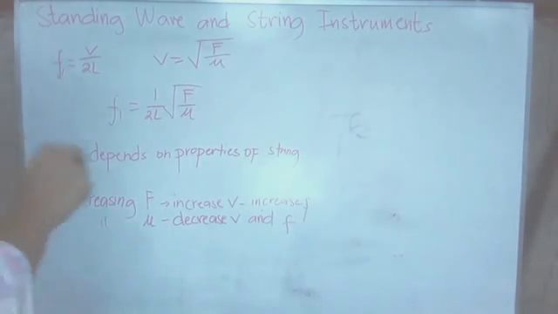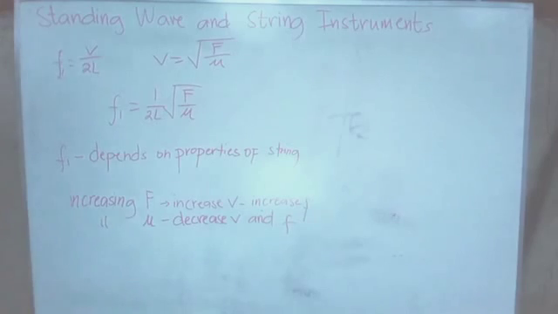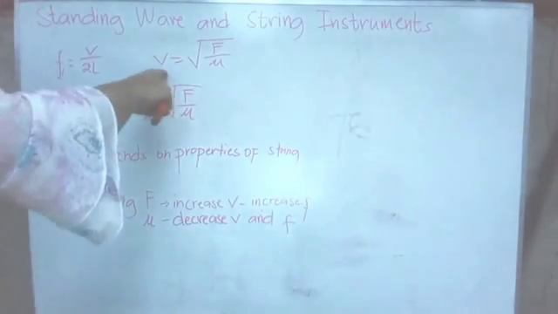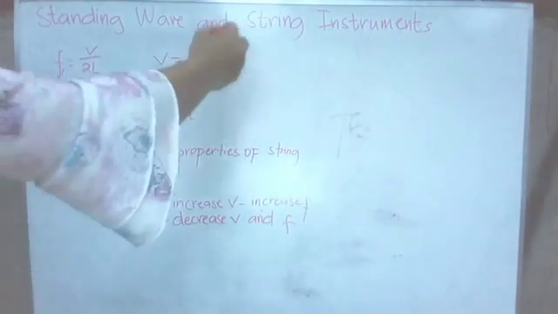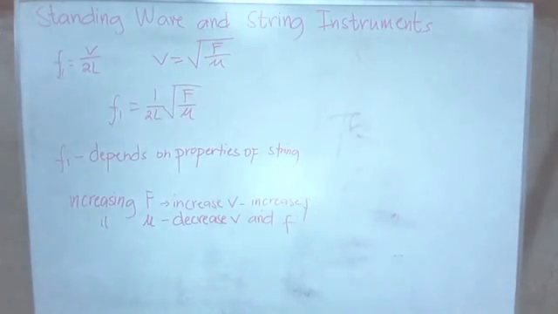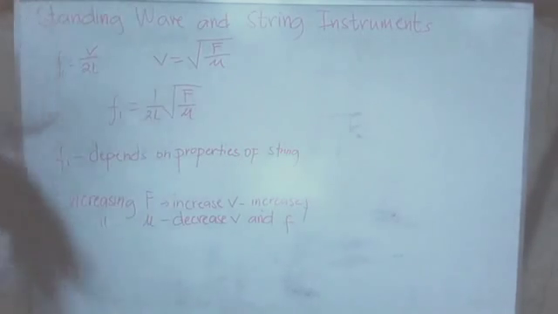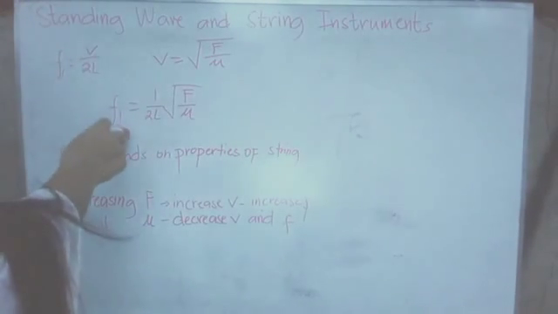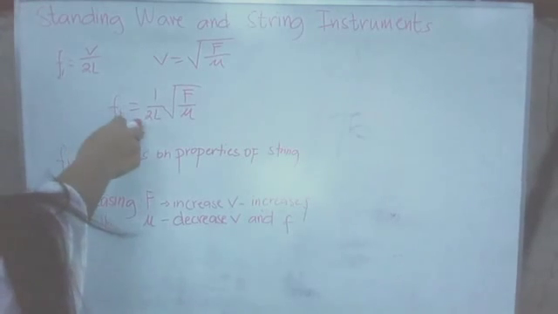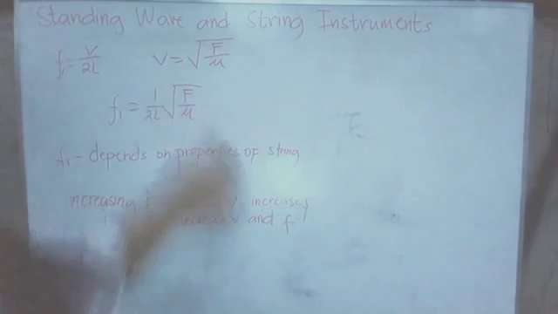As we have seen, the fundamental frequency of a vibrating string is f sub 1 equals v over 2L, where the speed v is equal to the square root of F, which is our tension force, divided by mu, which is the mass linear density, or the mass per unit length. We can combine this expression into f sub 1 equals 1 over 2L times the square root of F over mu.